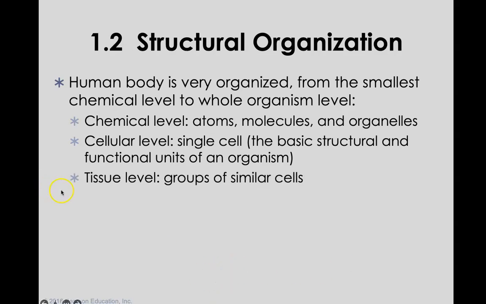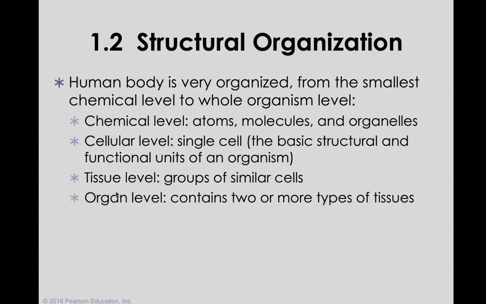So then we're going to talk about things at the tissue level of organization. When we have groups of similar cells all working together for a common function, we're at the tissue level of organization. And then when we take 2 or 3 types of tissues and make them all work together for a common function, we're at the organ level of organization.